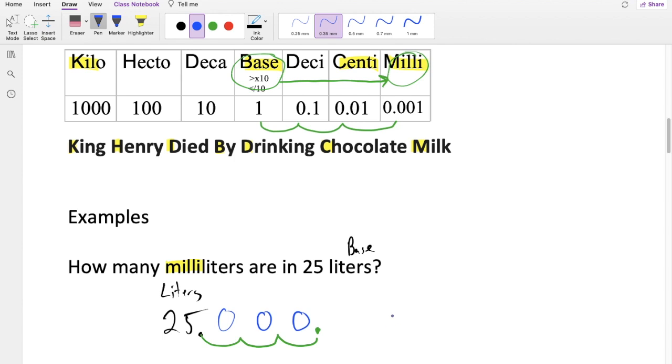So to go from liters to milliliters, there are 25,000 milliliters in 25 liters. I'm basically just moving that decimal however many spaces between the bases and prefixes. So let's look at another example.